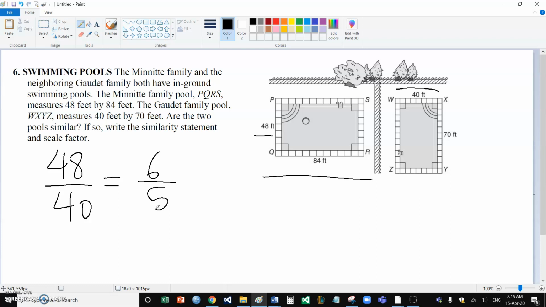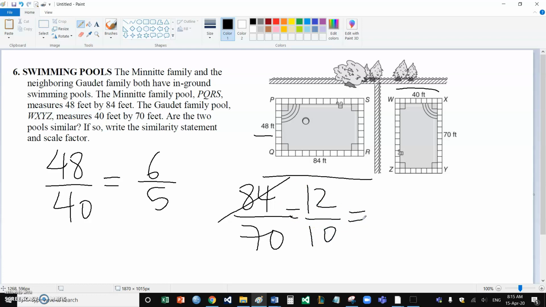Now let's look at the longer sides. 84 divided by 70. Let's divide both sides by 7. What do we get? 12 over 10, which is 6 over 5.